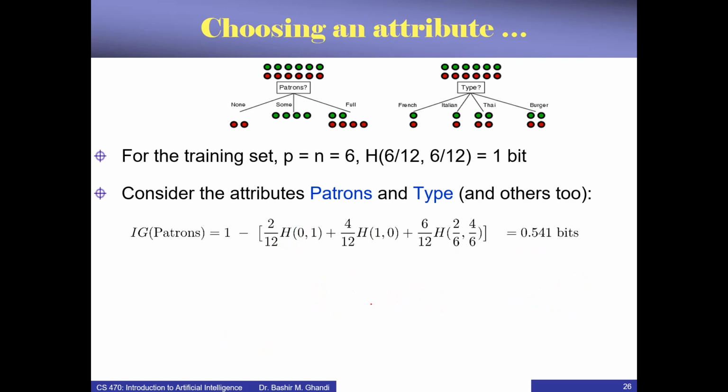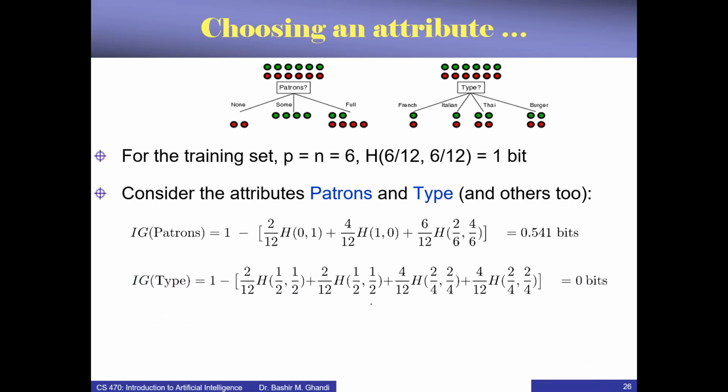Let's do the same for the other attribute, type, and see what we have. Again, there is no difference in terms of the entropy before the splitting. It is still 1. But now the entropy after splitting is going to be different, because as you can see, we don't have a pure group in any of these. They all consist of the same number of positives and negatives.